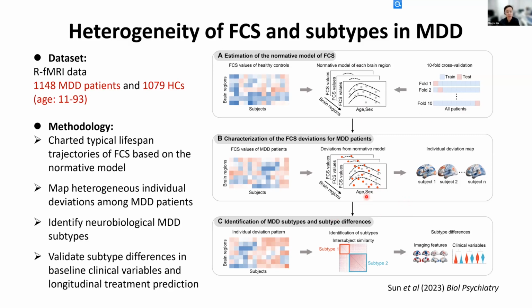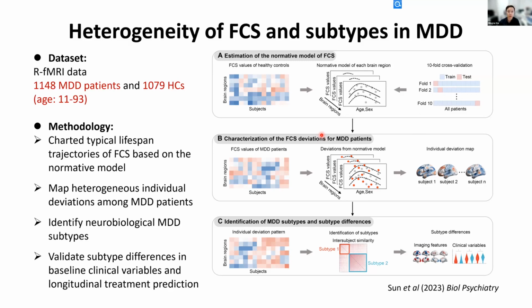On this map, we can know which brain region was the most abnormal and also the extent of abnormality. Based on the individual deviation map, we can characterize individual differences among patients and further identify neurophysiological subtypes in depression.